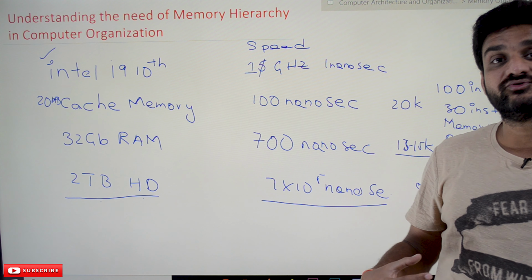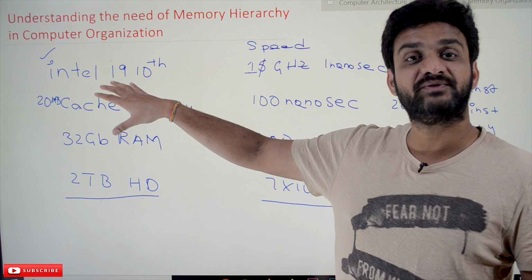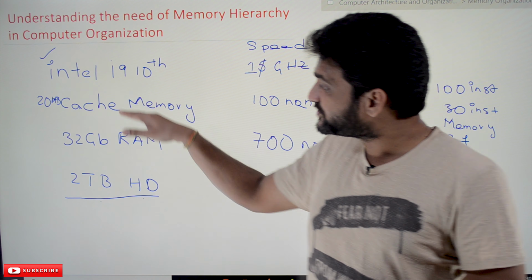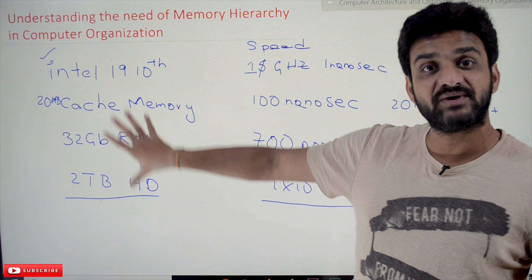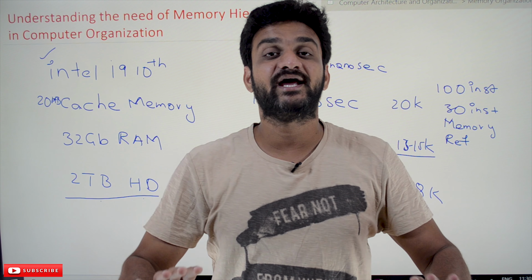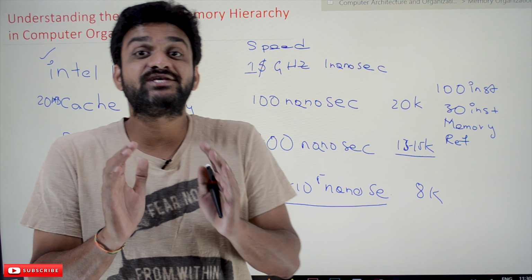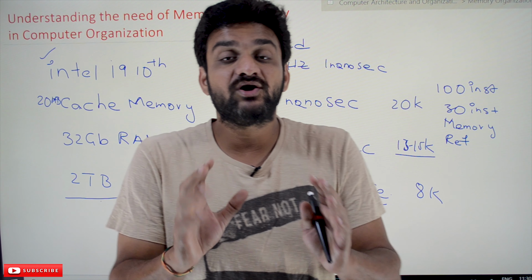So what we are going to do is have hard disk, main memory and also cache memory, and the organization between these memory components has to be done in such a way that we can attain maximum speed with minimum cost. So that is what we call memory organization.